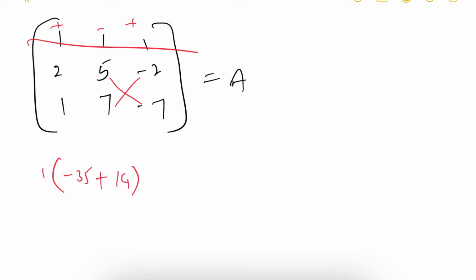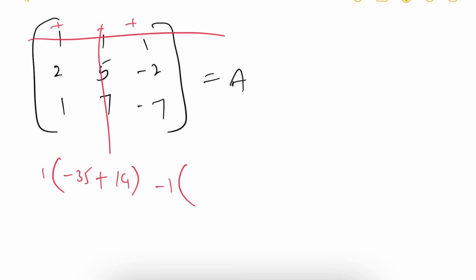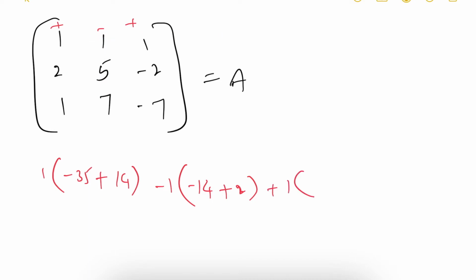Next, the second one: if we remove the second row and column, minus 1 into 2 into minus 7 minus 14, then 1 into minus 2, already minus will be there, so plus 2. Next, the third one: plus 1 into, if we remove that column and row, 2 sevens are 14 minus 1 five is 5.